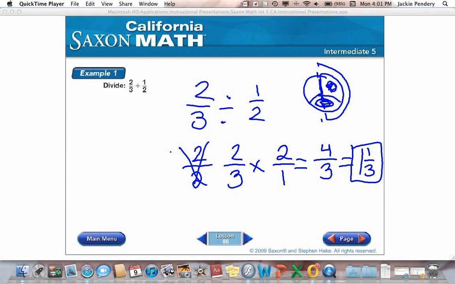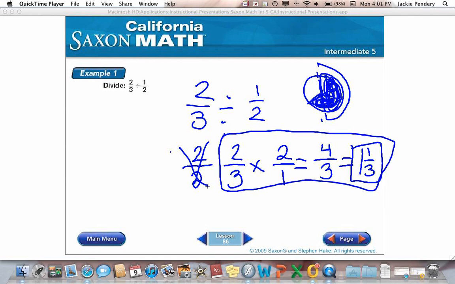So there's a whole half right here. This is all a half. And then there's 1/3 of my second half over here in my entire 2/3 of my circle. Okay? Now, if the drawing is confusing you, just look at the example right here. And let's move on to example number 2.